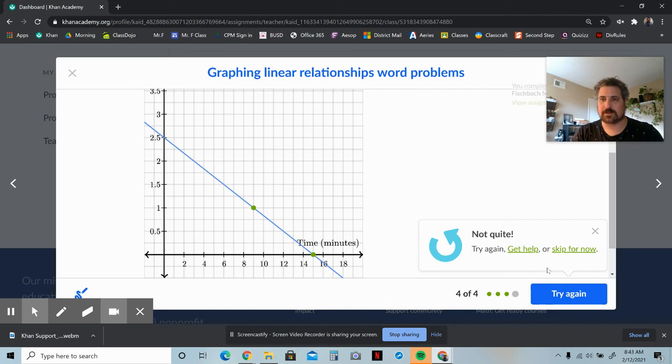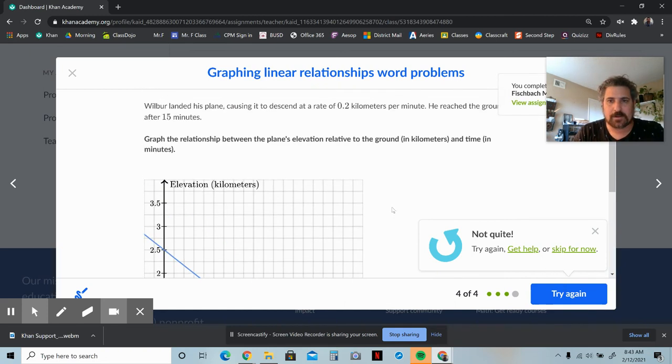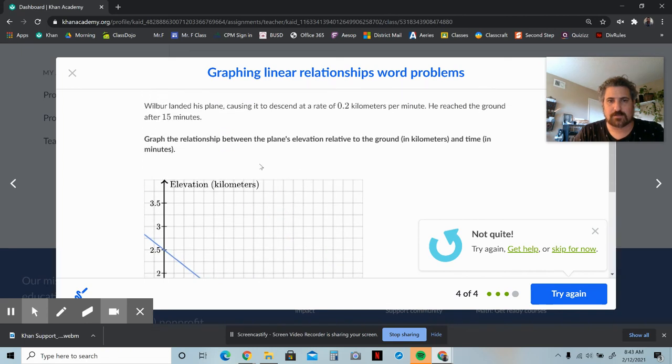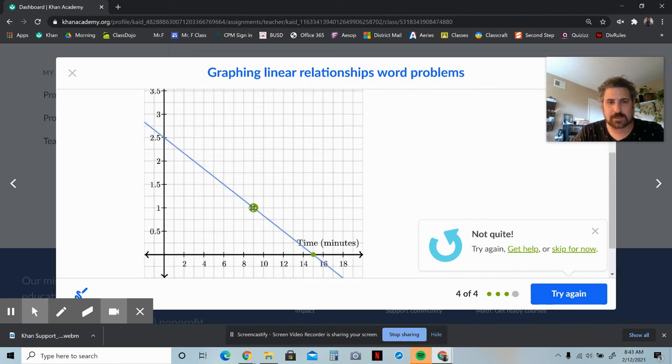Oh, did I do something wrong? Interesting. What did I do wrong? Wilbur landed his plane, causing it to descend at a rate of 0.2 kilometers per minute. He reached the ground after 15 minutes. So there's 15 minutes, there's the ground. That makes sense. Okay, I must have made a mistake with where I placed the second dot.